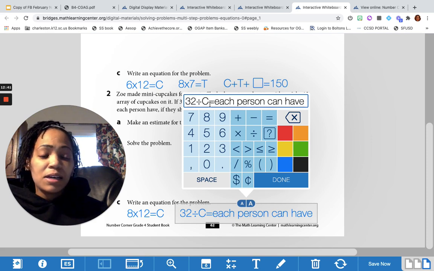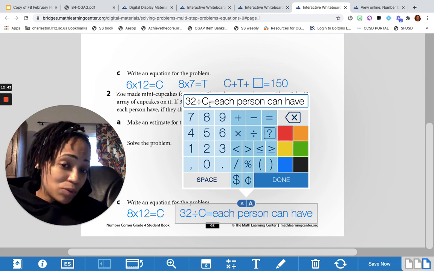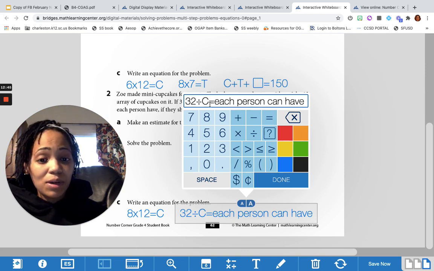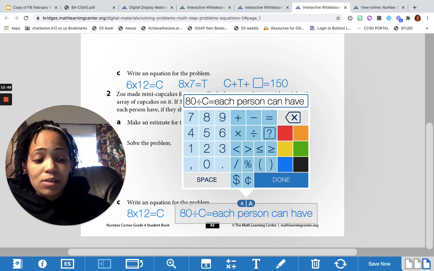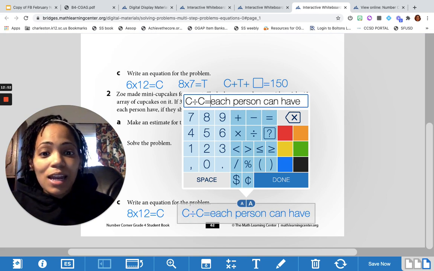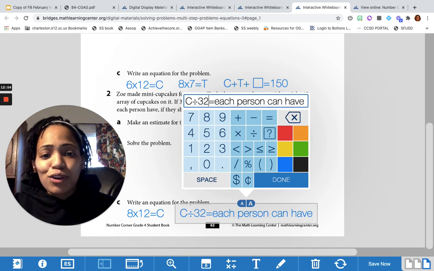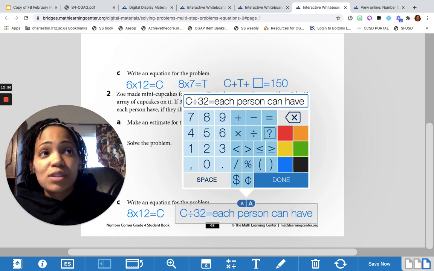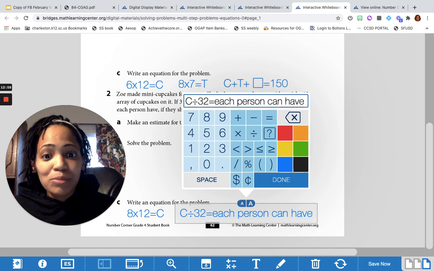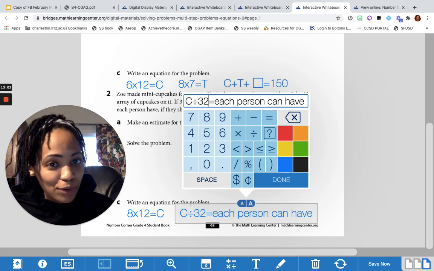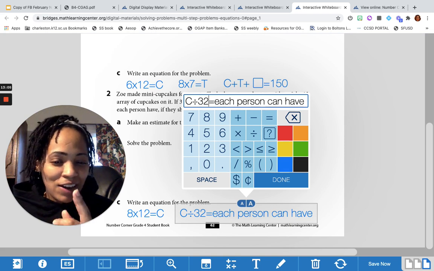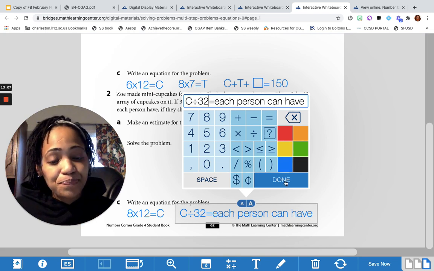I'd get a number that was a decimal, or a number less than 1. So I'm actually taking my 80 cupcakes, and I'm dividing them into 32 groups. So I know how many groups I have. I'm trying to figure out how many could go into each group.